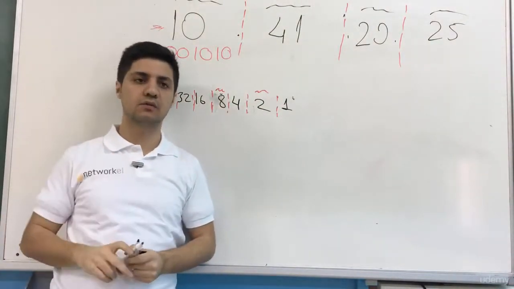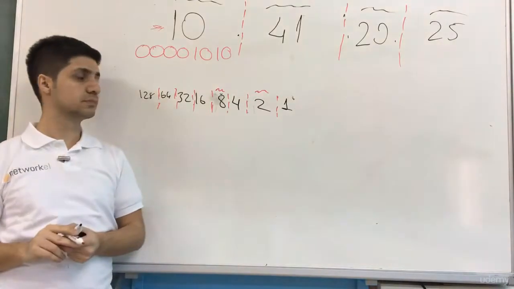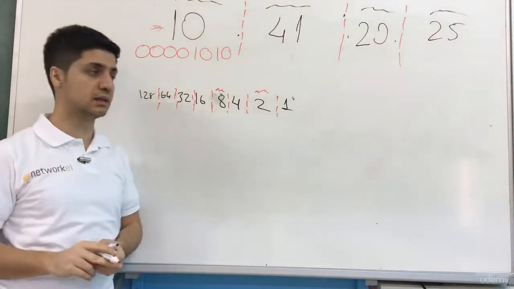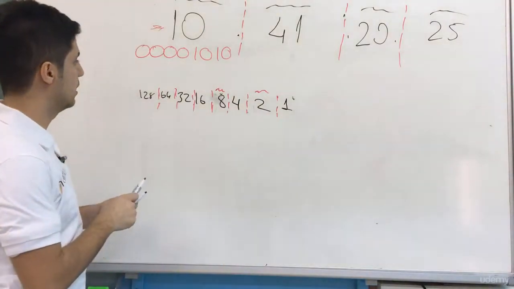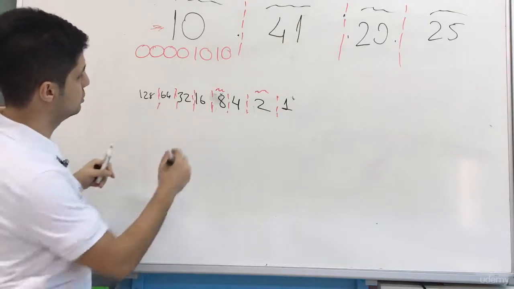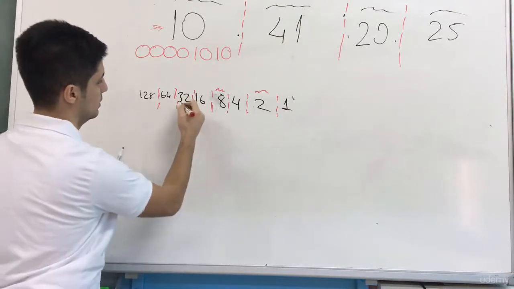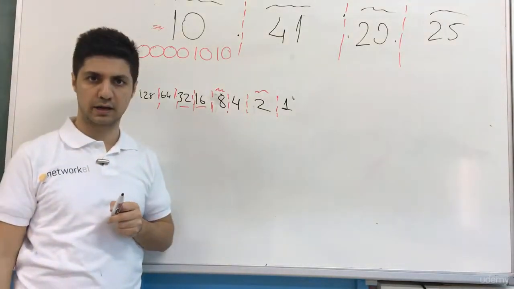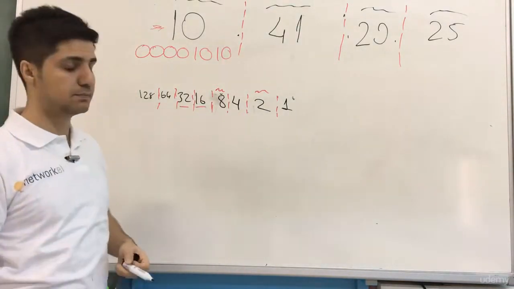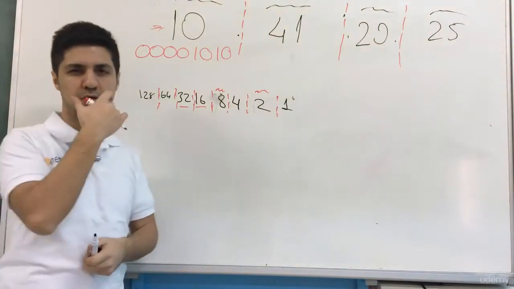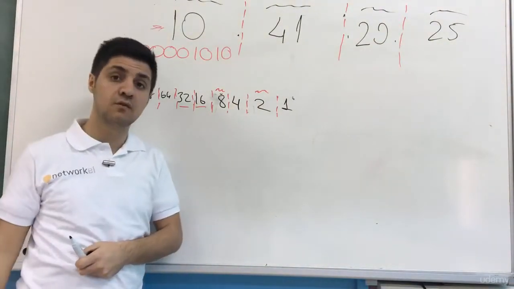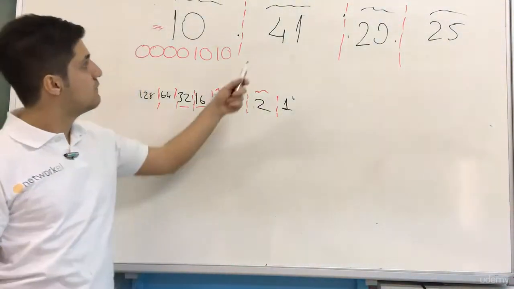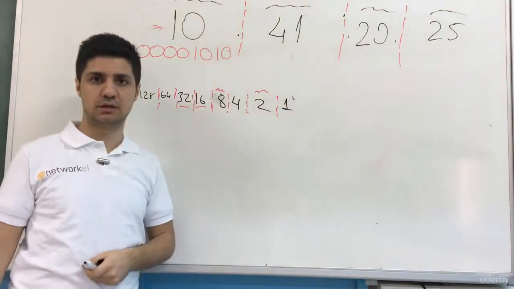How can we get the 41 from here? It's again so easy. All right, let's choose 32 and 16. Okay, 32 plus 16 is going to be 48, which is bigger than our number.